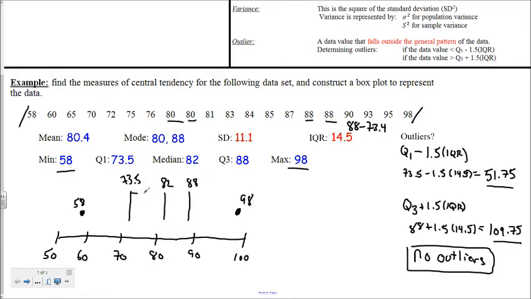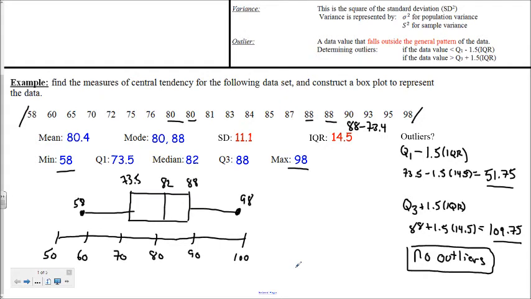I'll connect those quartiles with the box, and I'll connect my max and min with what's called the whiskers, hence the term box and whisker plot. And that gives me a visual representation of how spread out my data is. These 5 values also make up what's called the five-number summary of a data set.